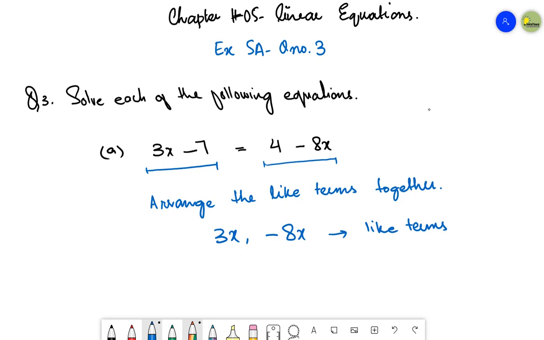It means that minus 8x needs to be moved to the left hand side. Why? Because it is like 3x, it can be solved with 3x. So in order to solve 3x and minus 8x, you need to shift minus 8x to the left of the equation.